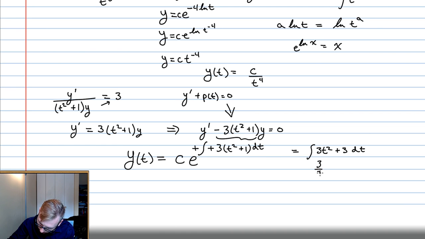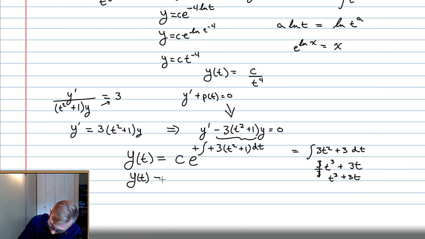So 3 over 3 t cubed plus, well, the integral of a constant 3 is just 3t. So the 3's would cancel out and we're left with t cubed plus 3t. So that means our y of t is equal to c e to the t cubed plus 3t. And that's it. We did it.